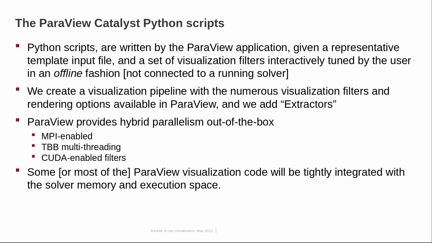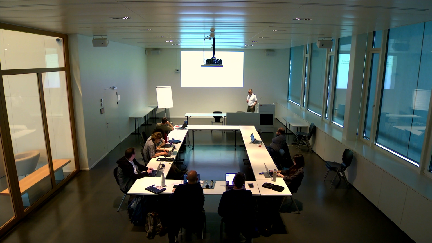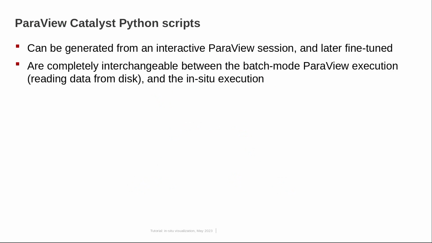Since ParaView provides, out of the box, MPI-enabled parallelism, TBB multithreading, CUDA-enabled filters, all of those will become active when you do in-situ. Yes, the same Python script is interchangeable between PV batch, the batch mode-oriented execution of ParaView, or in-situ.